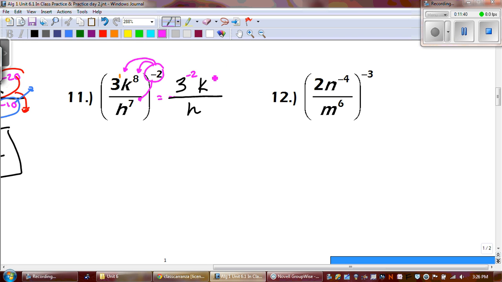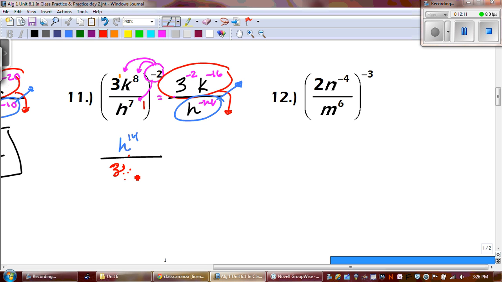Negative 2, 8 times negative 2 is negative 16, and negative 2 times 7 is negative 14. Okay? If your exponent's negative, you drop it like it's hot. If it's already on the bottom, you bring it to the top. Okay, so that h to the 14th is on the top. And on the bottom, we have, oh, hold on a second, guys. Sorry, so on the bottom, we have that 3 squared over k to the 18th. 18 or 16? Sorry, 16.